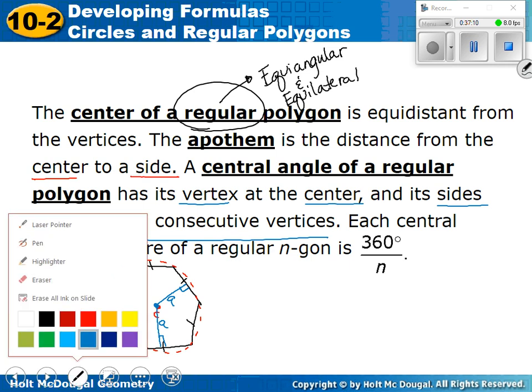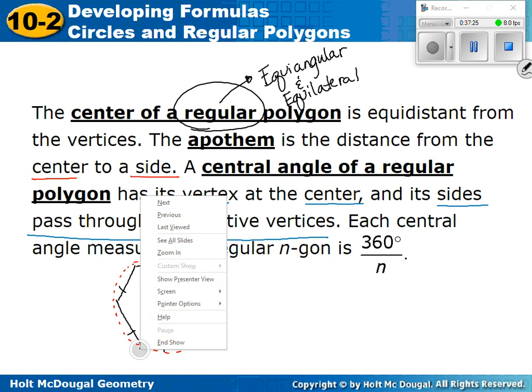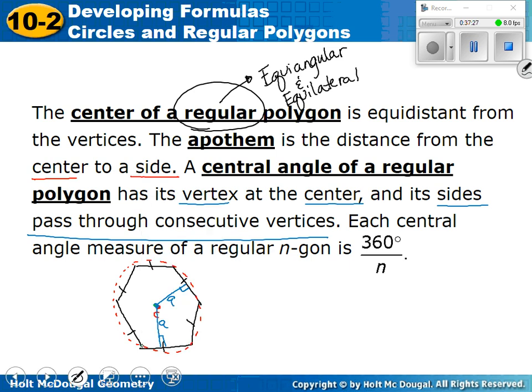So central angle is going to have its vertex at the center. And its sides are going to go from the center to 2 consecutive vertices. So let's say I go to here. And then another consecutive vertex would be right after it, so from the center over to there.